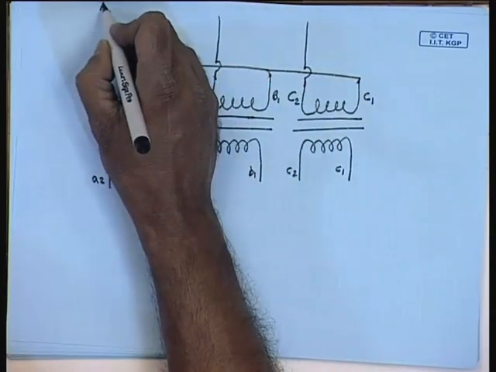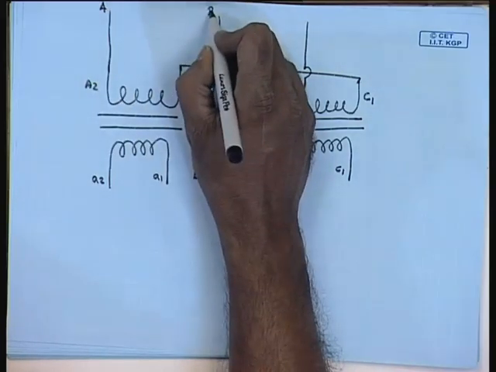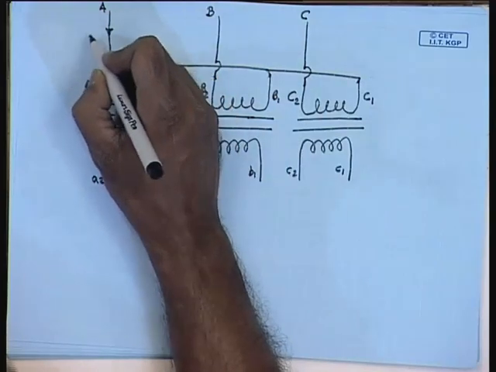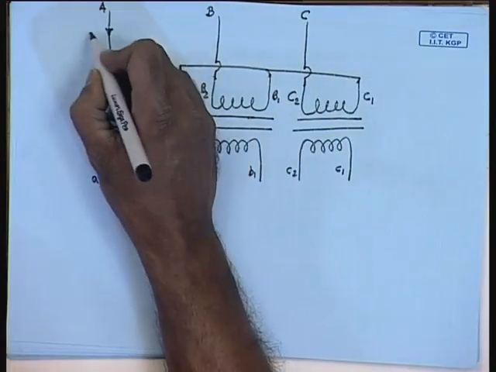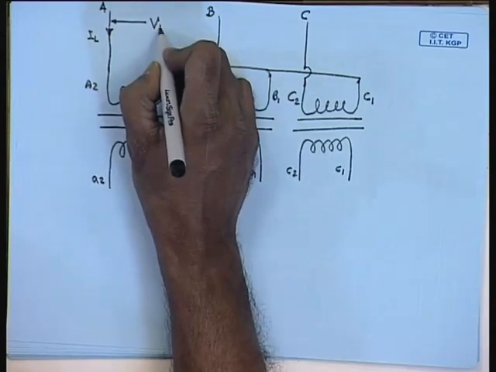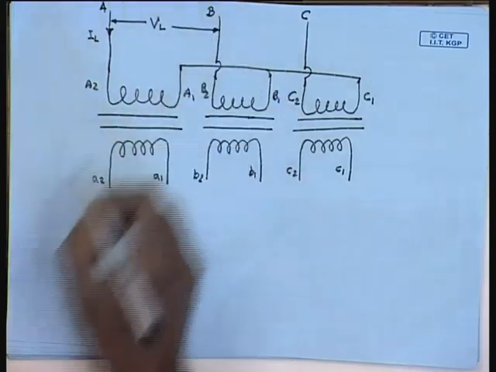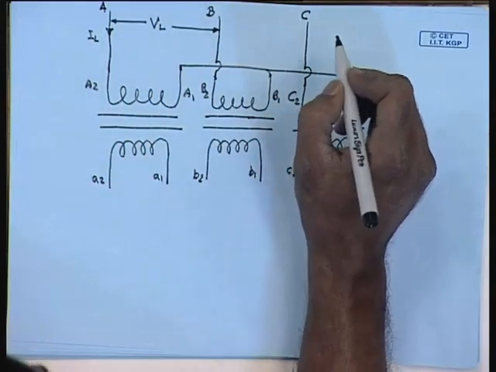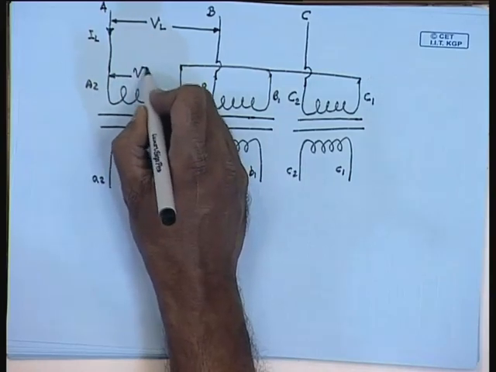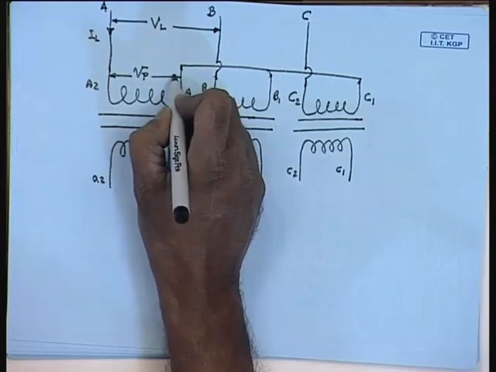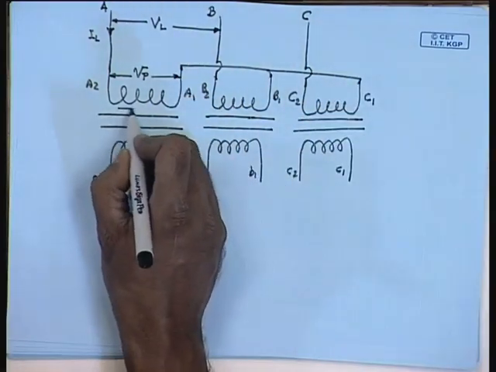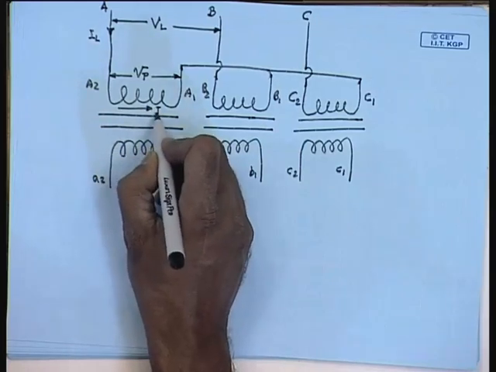So, this is phase A of the high voltage side, this is phase B of the high voltage side, this is phase C. This is the line current I_A flowing and this is the line to line voltage V_L, and this is the phase voltage V_P. This is the winding current or phase current I_P.